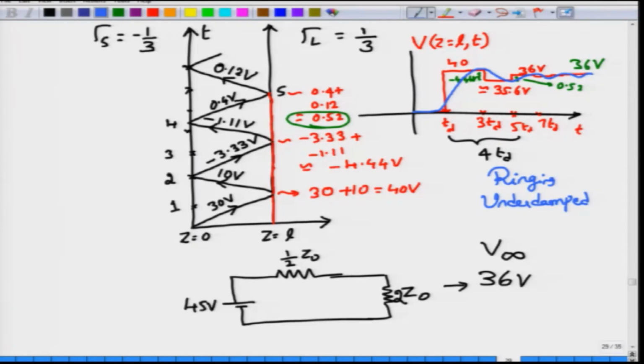Okay. So, this phenomenon will happen when either of gamma s or gamma L has a negative value, because when the reflection coefficient is negative, if the incident wave has a positive sign, then the reflected wave, whether from the source or from the load, will have a negative sign, and if the incident wave has a negative sign, then the reflected wave will have a positive sign.